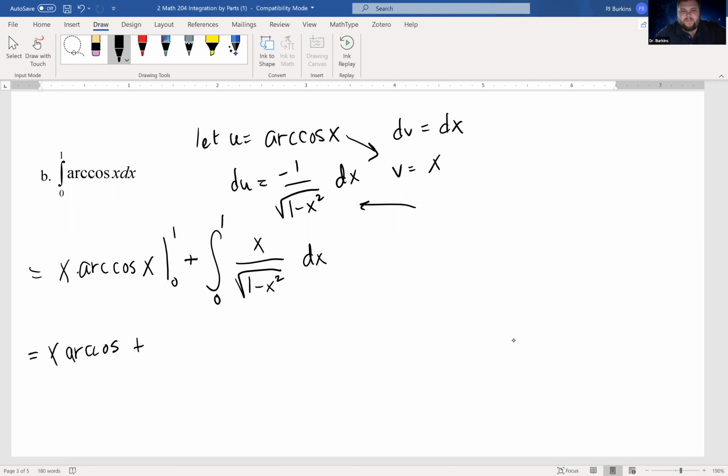So how do I solve that integral? Any ideas? U sub? So that is a u substitution. So let's actually use a different variable since we've already used u and v. Anyone have a problem with me using w?